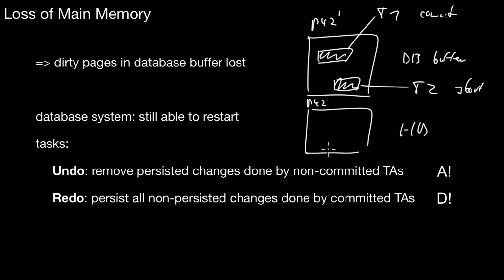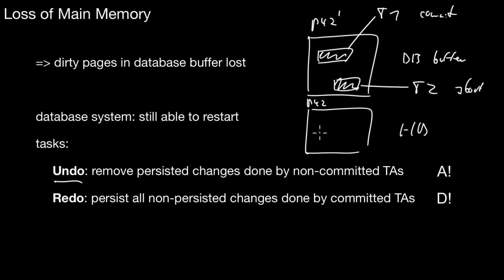So in the general case, what we have to do in such a situation when we lose main memory are two things. First is undo. We remove persisted changes done by non-committed transactions. So if for some reason this page was written back to the store, how may that happen?